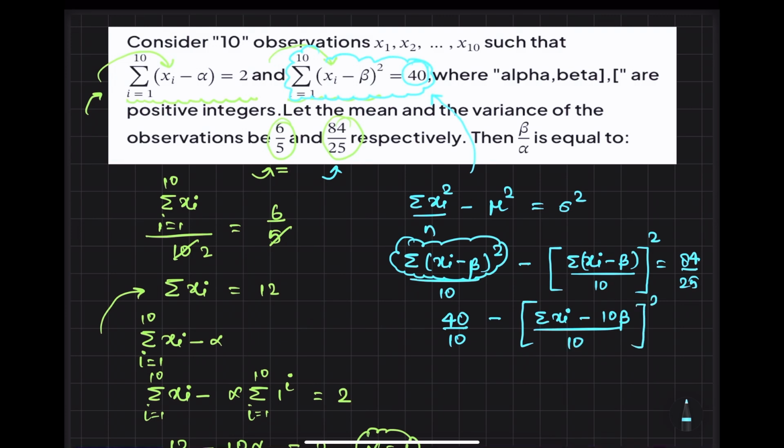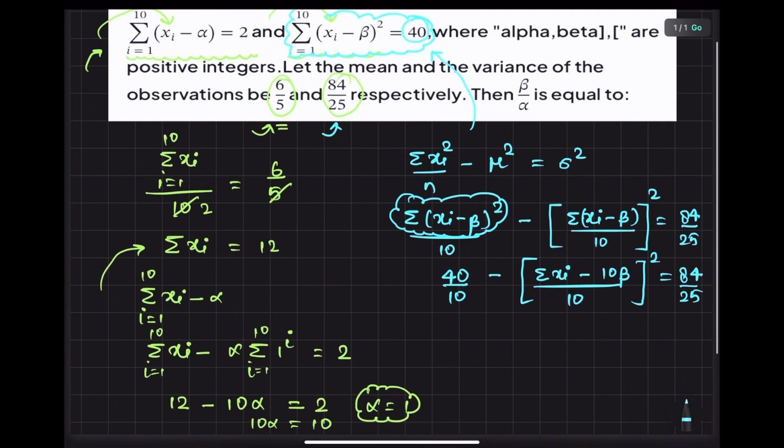And then we have square, 4. I make this kind of mistakes, please manage.